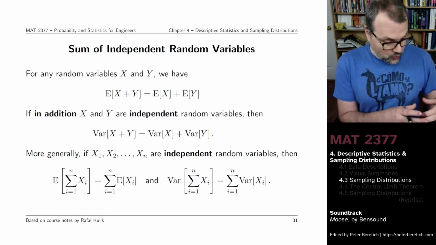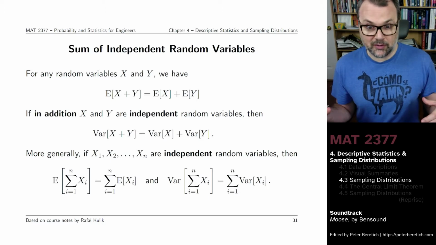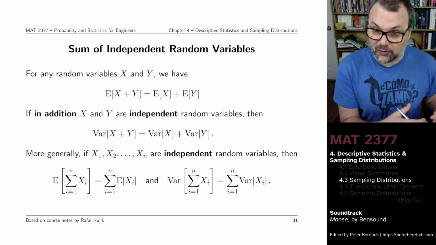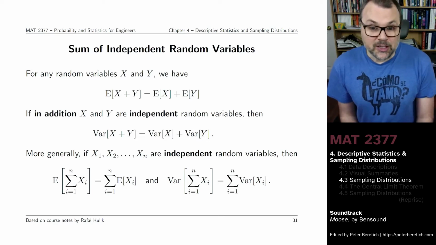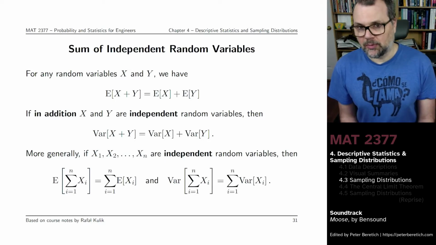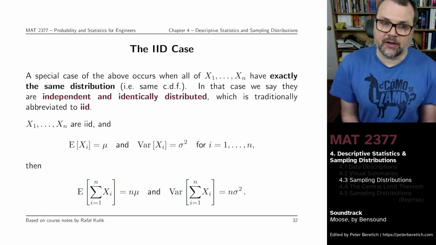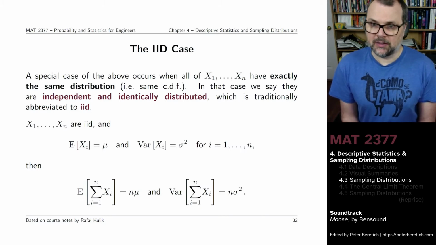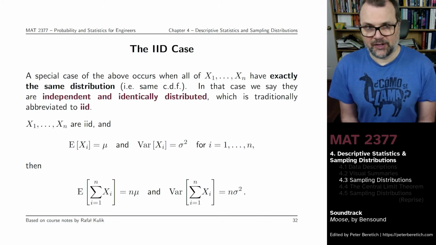Now, if all of these coins are independent of one another, they haven't been produced in the same location, or you're not using the same coin over and over again, then you can assume that the experiments are independent, and so the random variables will also be independent. So what I've described there basically is a special case of the situation where you have n independent random variables.